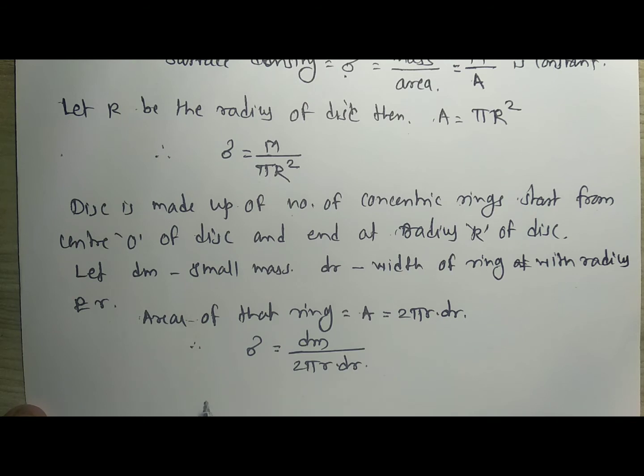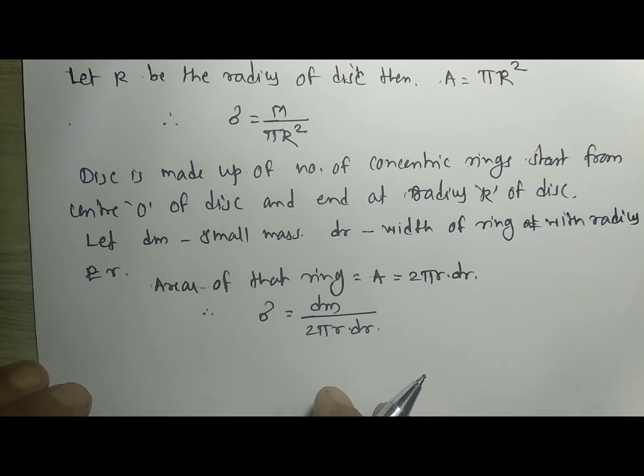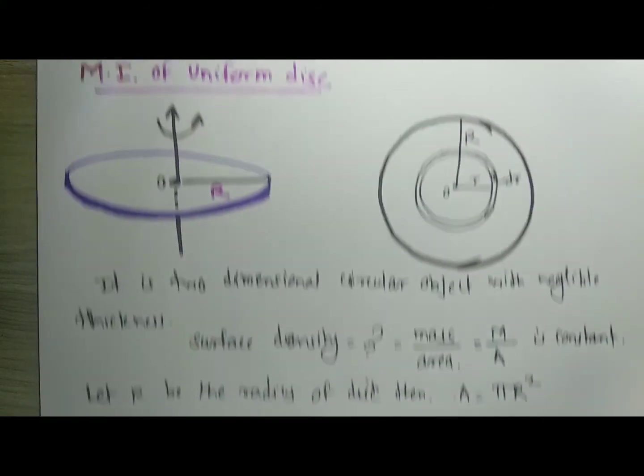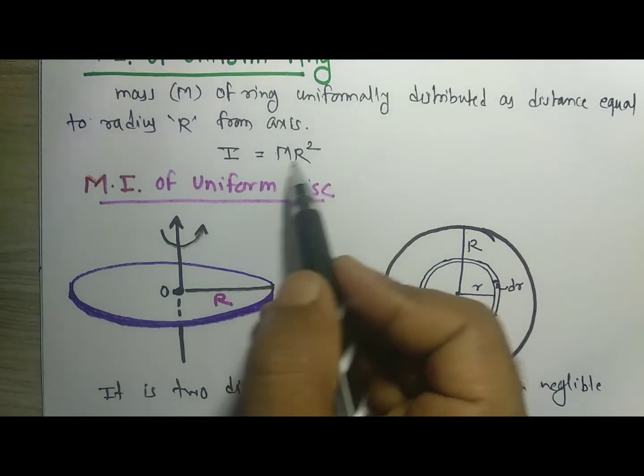And we know the moment of inertia of that elemental ring, that means a small ring which is considered at a radius r from the center of the disk. The moment of inertia of a uniform ring is given as mr square.